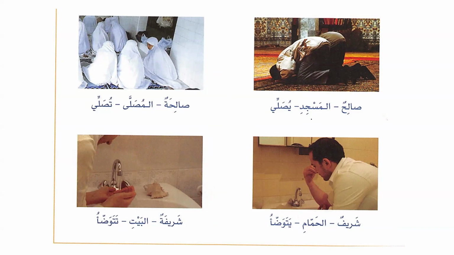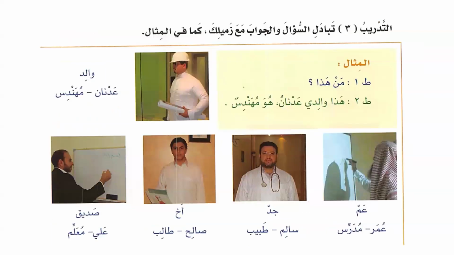And similarly, if I say أين صالحة, so you will say صالحة تصلي, she is praying. هذا هو المصلى, this is the praying area. So like this, here we have شريف and الحمام and يتوضأ, and then we have شريفة and البيت and تتوضأ. So now you have to practice for the present tense for the third person masculine. So for the masculine we use ya, and for the feminine we use ta in the beginning of the verb.